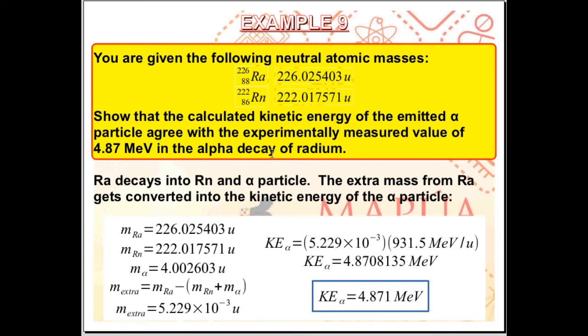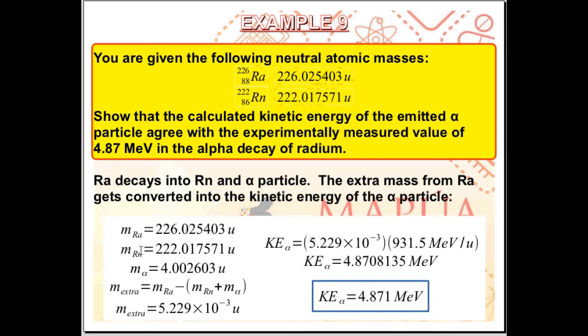So the radium decays into radon. The alpha particle emitted has a kinetic energy of 4.87 mega electron volts experimentally. Radium will decay into radon and alpha particle.